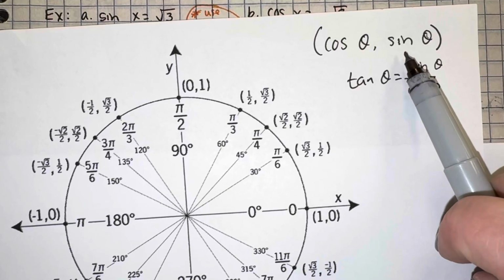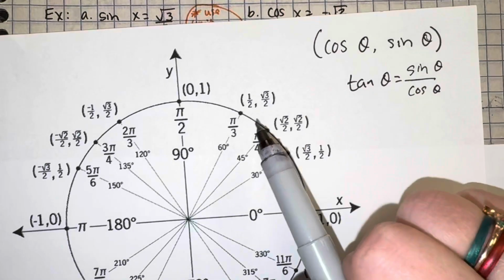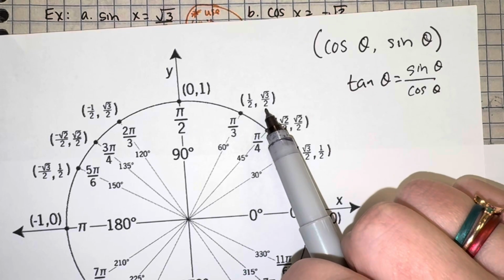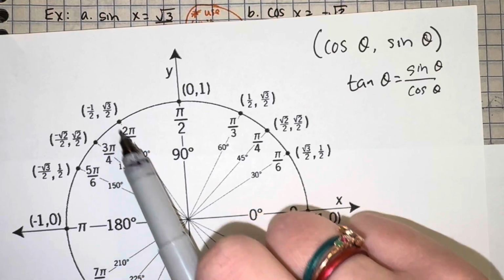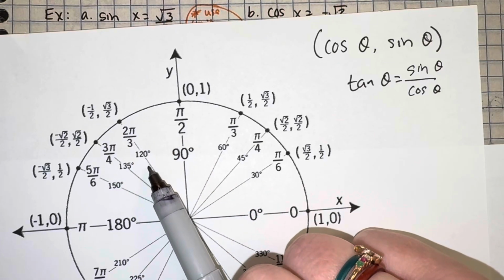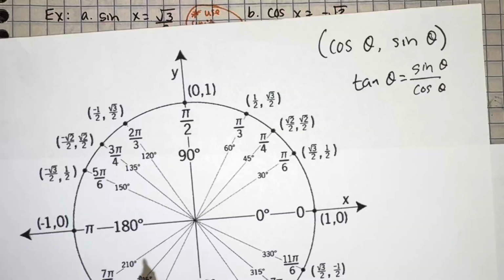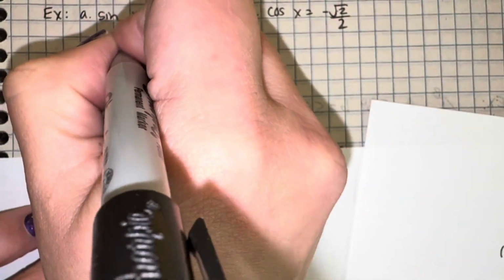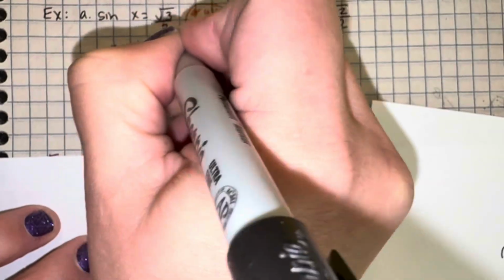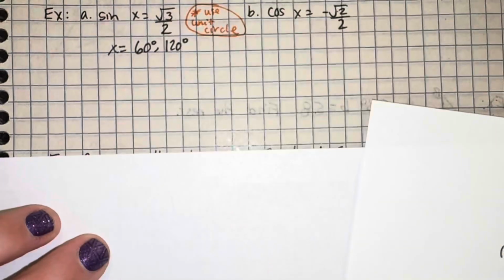So I'm going to look for the second number where it's square root of 3/2. It looks like square root of 3/2 is at 60 degrees. Square root of 3/2 is also at 120. Okay. So we could say that x is going to equal 60 degrees, or it's going to equal 120 degrees.